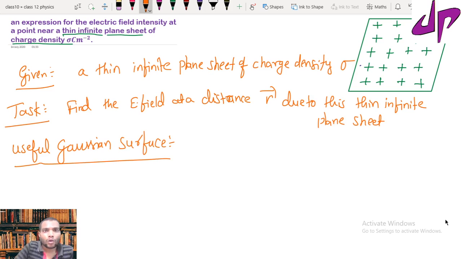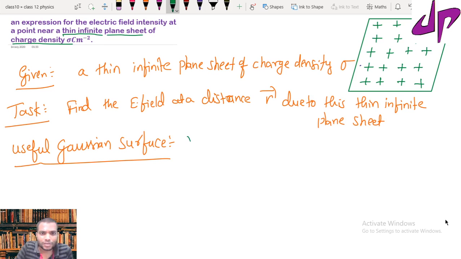This Gaussian surface is a clever selection for this infinite plane sheet. If we select such a surface, it helps us find the electric field very easily. There is always a matching between the symmetrical charged object we selected and the Gaussian surface we pick. If these two match perfectly, our problem becomes handy.